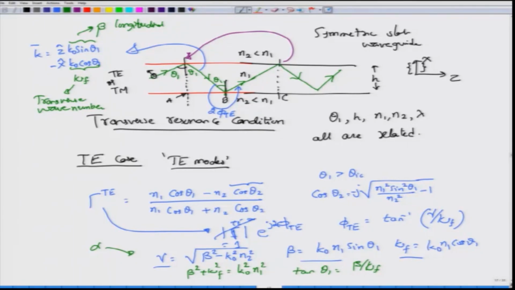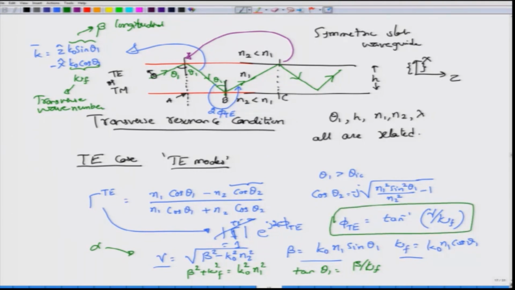What is important for you to understand at this point is that as the ray of light leaves the plane z equal to A and arrives at B, it undergoes a certain phase shift, and this phase shift in turn depends on the refractive index as well as the angle of incidence, and of course, what wavelength the light is travelling at, and that is what is given by this expression.